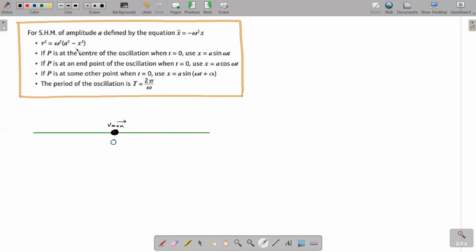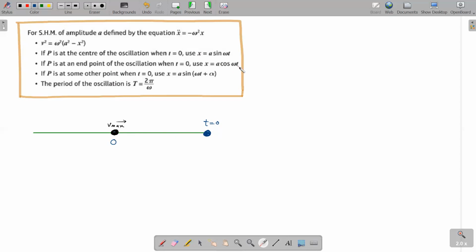So if P is at the end point of the oscillation when time is 0, which means at time 0 your particle starts its SHM motion from this amplitude, they are asking you to model the displacement equation by using A cos omega t.